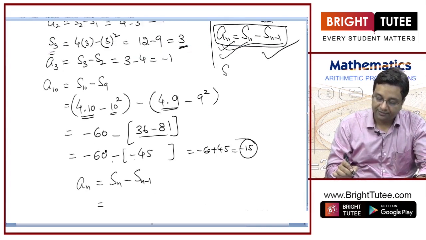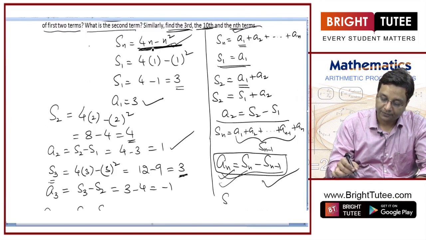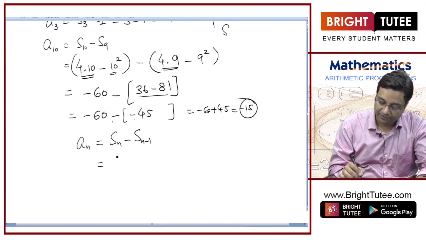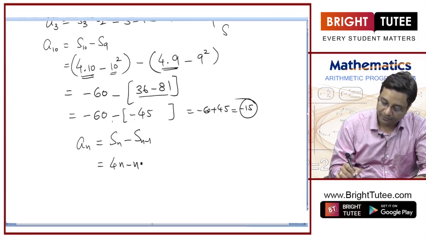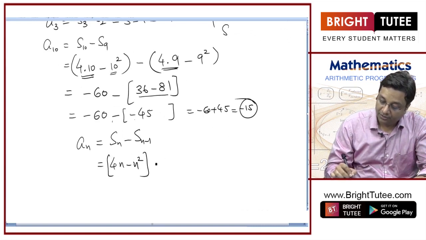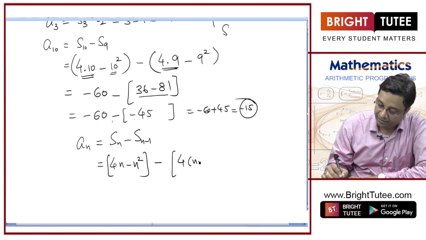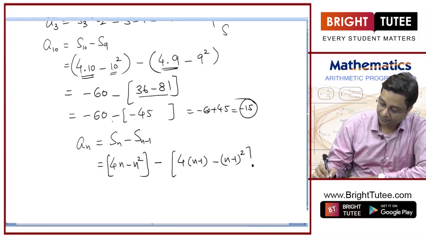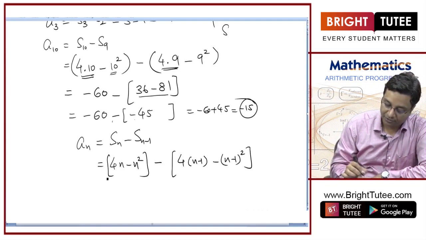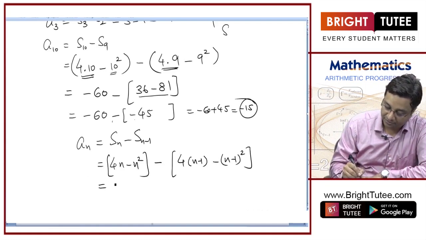And what is Sn? 4n minus n square, right? So what will be Sn minus 1? I need to replace n by n minus 1, right? So this will be our formula for an, nth term.